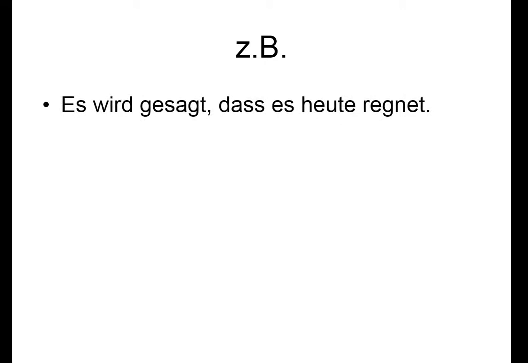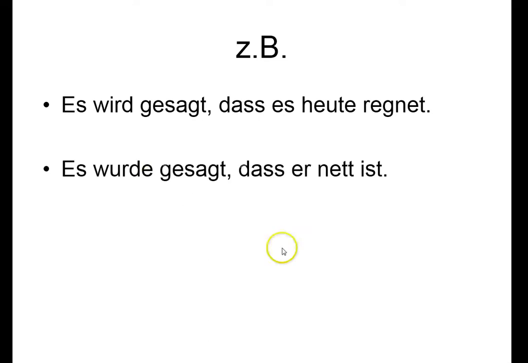So here's an example. Es wird gesagt, dass heute regnet. They say that it rains today, right? So it is said is the same thing. So they say it's going to rain today. Es wurde gesagt, they said, it was said, dass er nett ist, that he's nice.